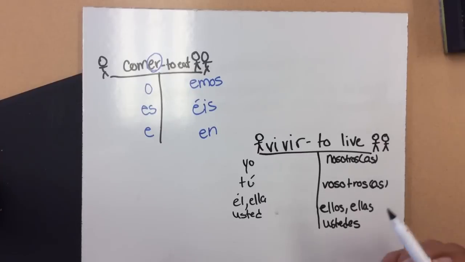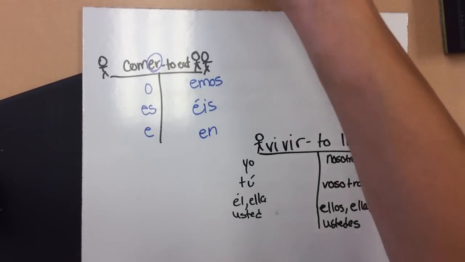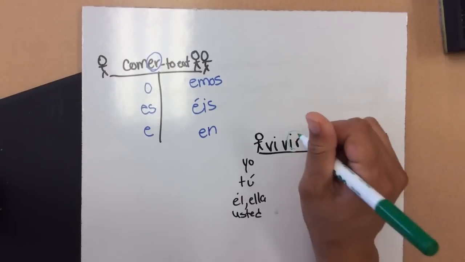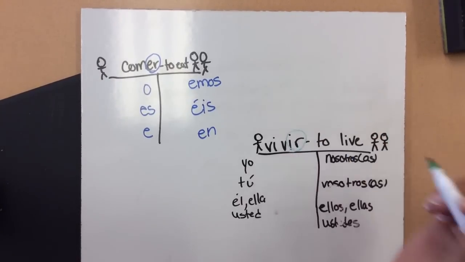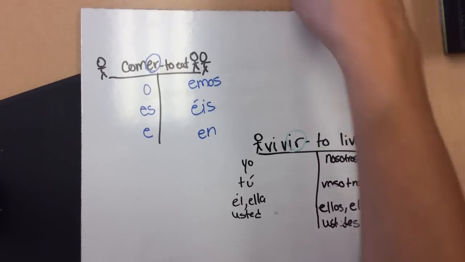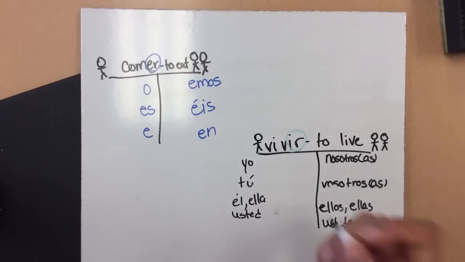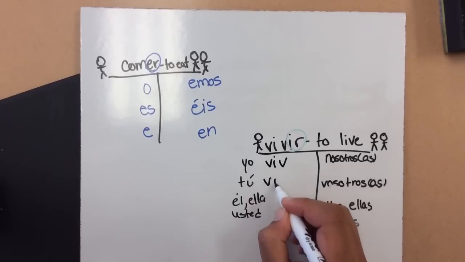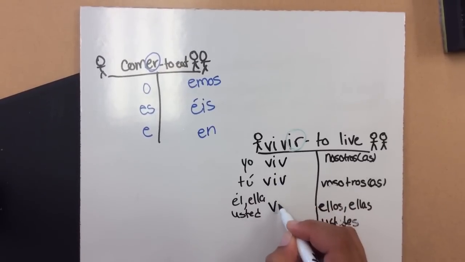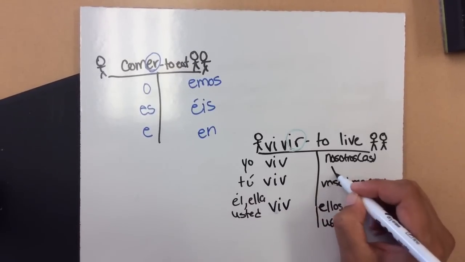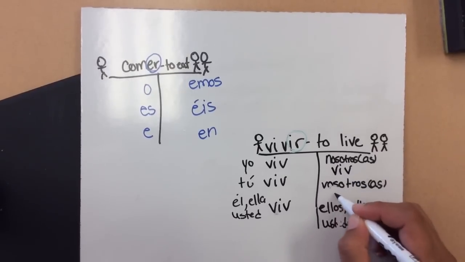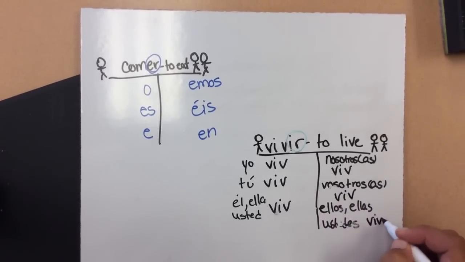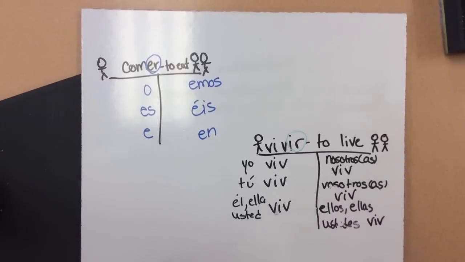Okay? Again, our ending is IR. And the stem is V-I-V. And you can put this through the whole T-chart because the stem does not change, never changes in regular verbs.